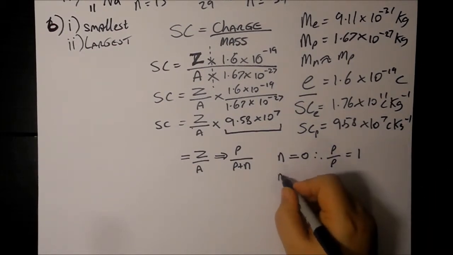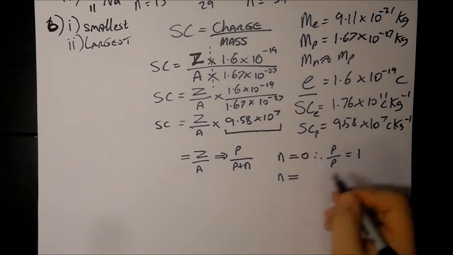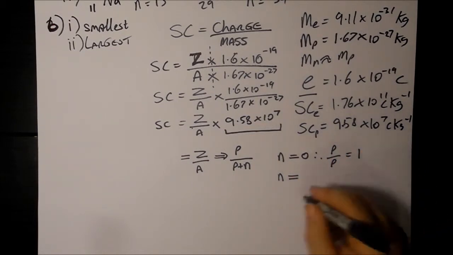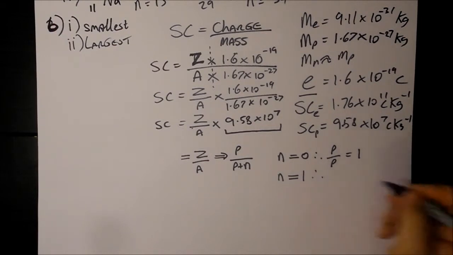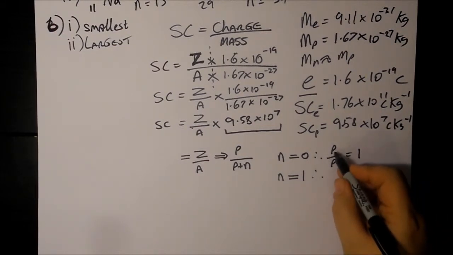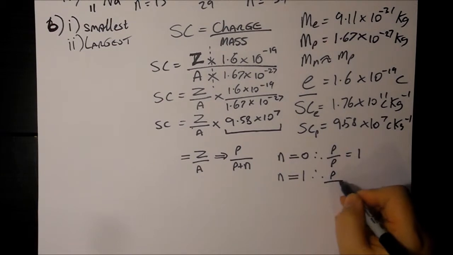If N is any number above 0, so we can just use 1, it's the easiest thing to do, then P is divided by P plus 1.